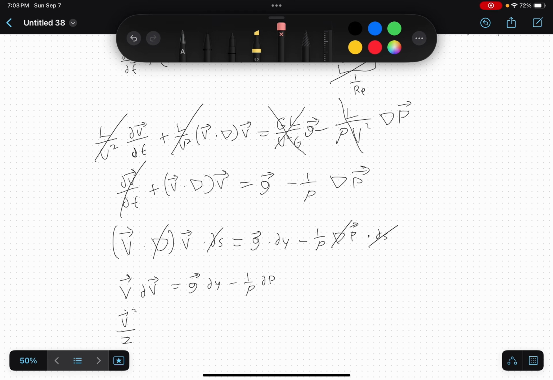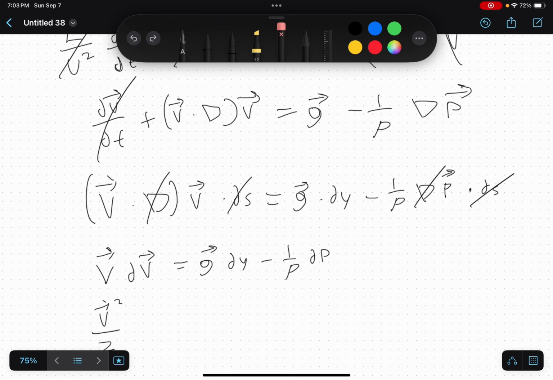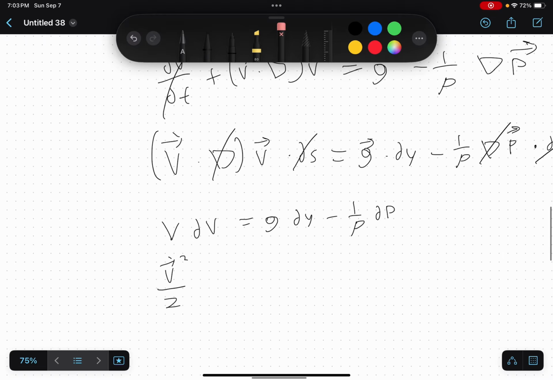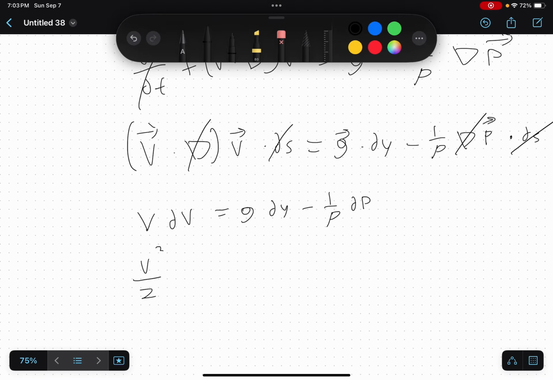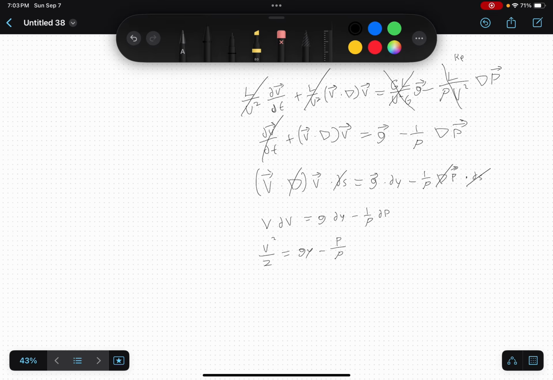I think after multiplying by ds, it gets rid of the vector sign, so I'm just going to get rid of them. That might be wrong, but that's fine. When you integrate this term, you get v squared over 2. When you integrate this term, you just get gy. When you integrate this term, you get negative p over density.